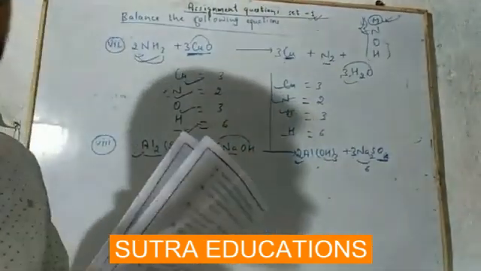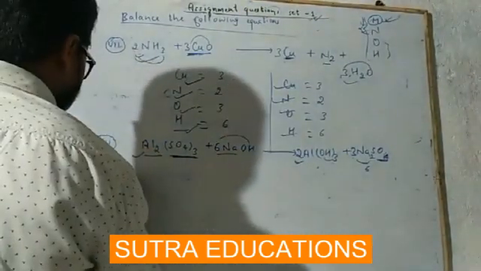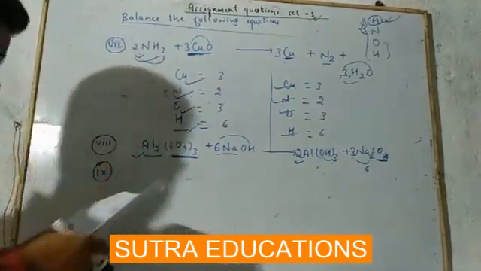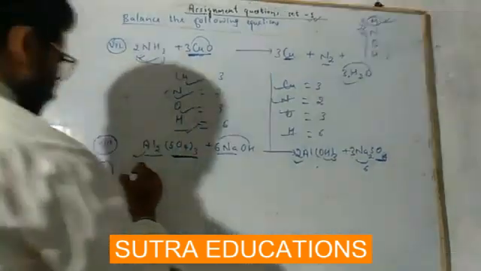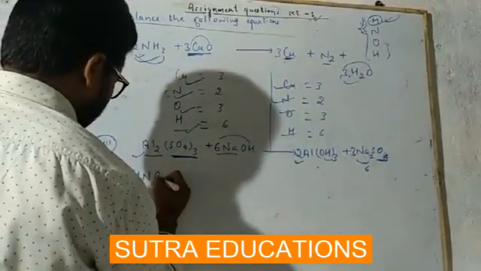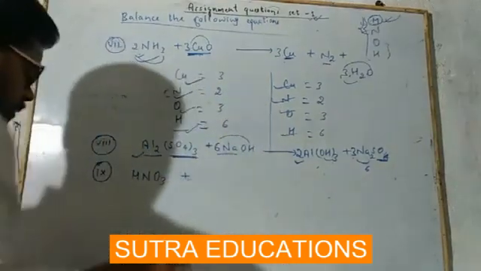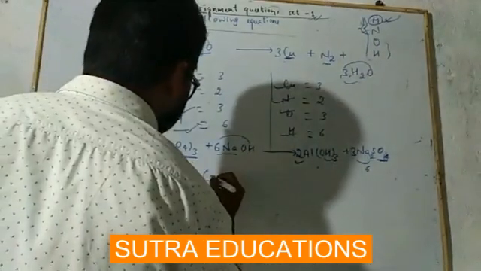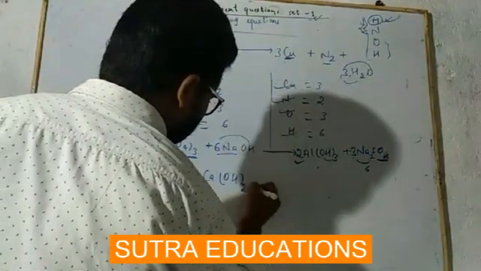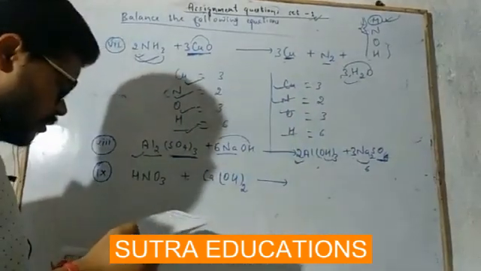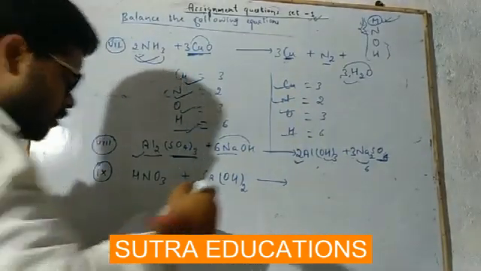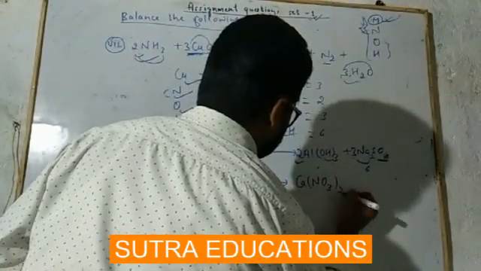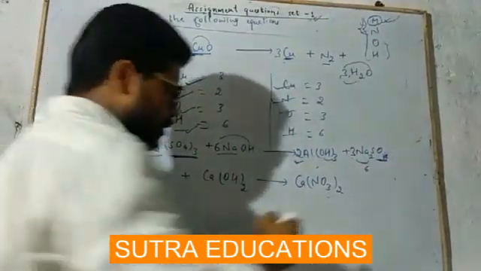Then the next one is ninth. So ninth is HNO3 plus Ca(OH)2 gives Ca(NO3)2 plus H2O.